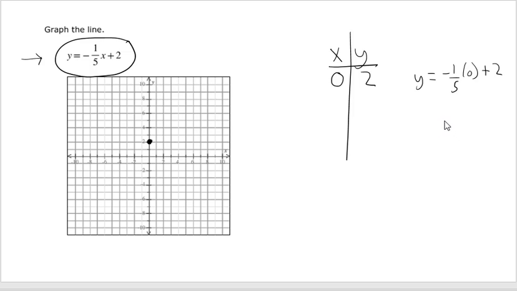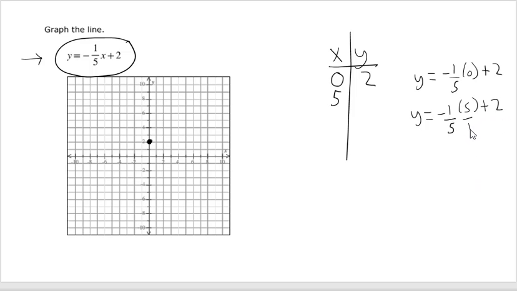Let's say I'm actually going to pick a 5 for the x, just because I want my y to be a whole number. And if I plug in 5 for my x, I'm going to end up with -1/5 times 5 plus 2.